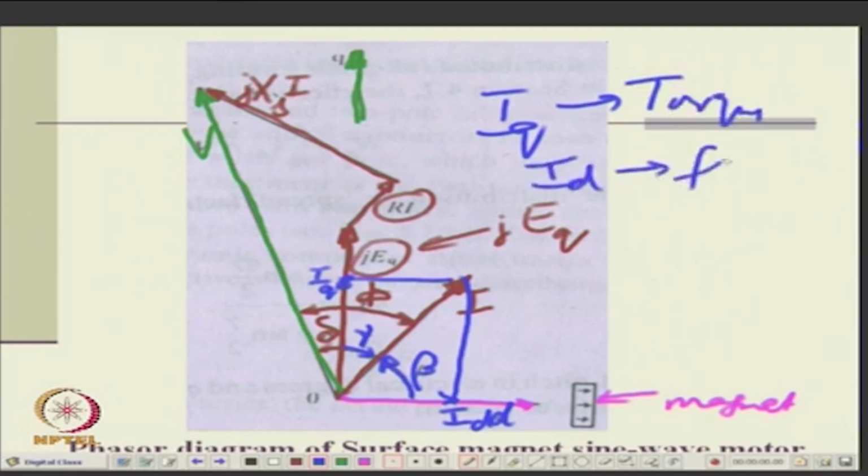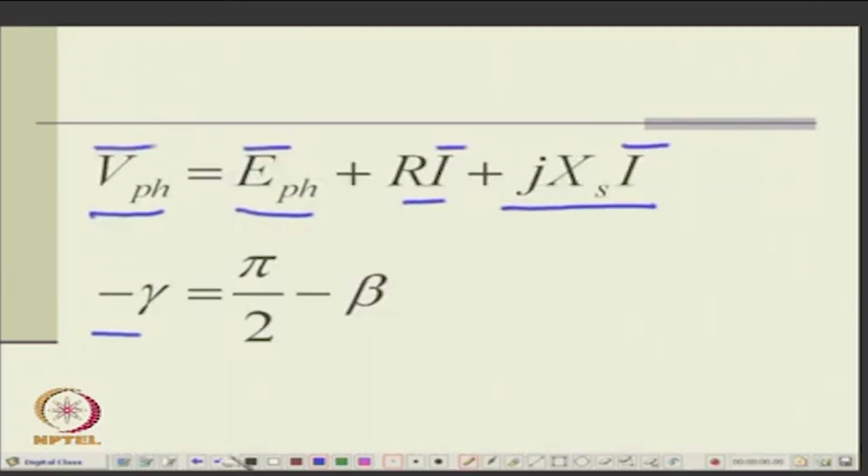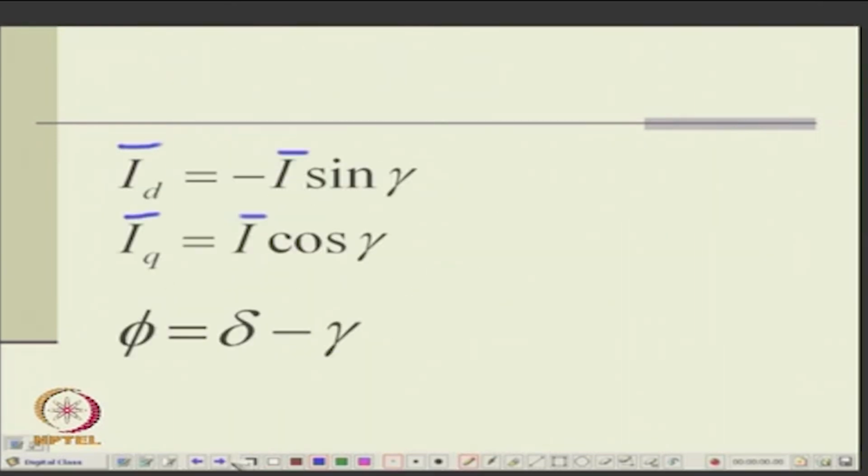Torque is produced by a quadrature component with reference to flux, isn't it? Okay. So, you can broadly say that IQ is torque producing and ID is flux producing. So, that will either add to the main flux or subtract from the main flux depending upon the direction. Okay. And the angle phi is delta minus gamma. Of course, for gamma you look at the direction in which it is mentioned.